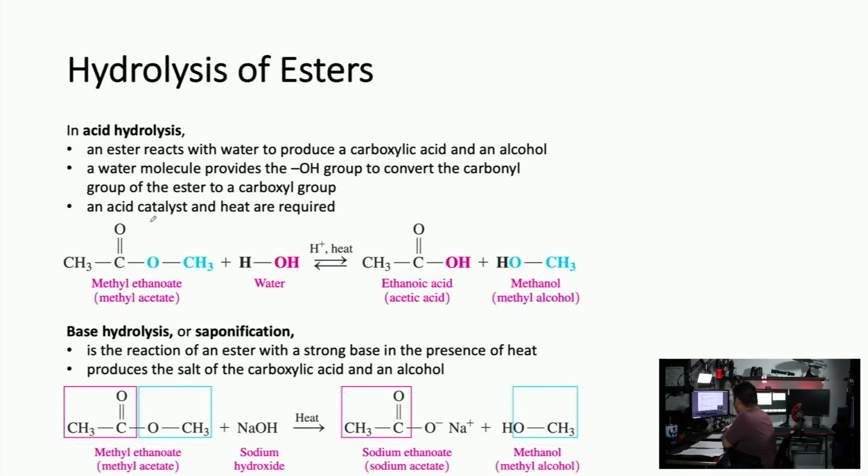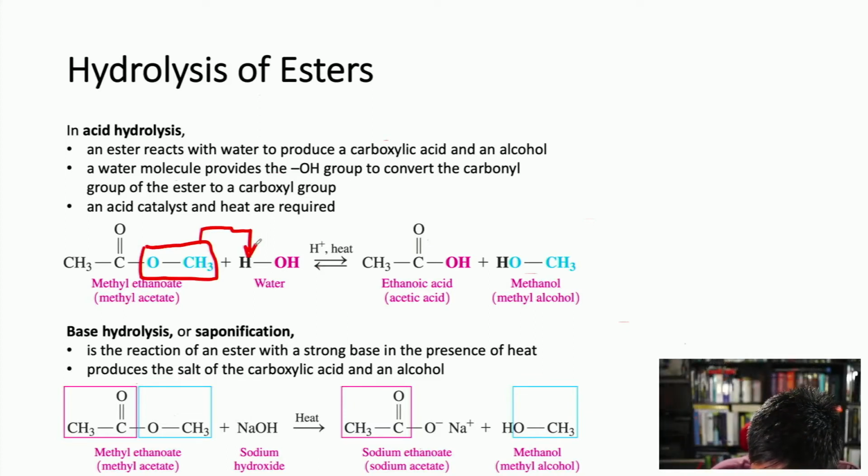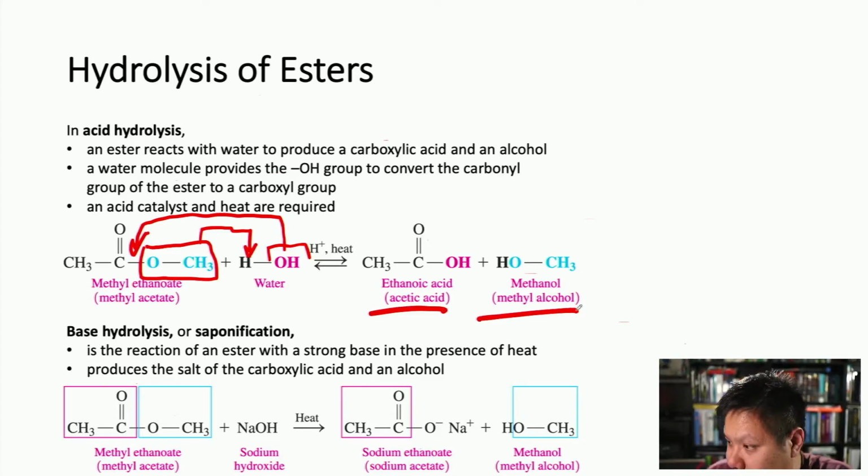So the OCH3 of the methyl ethanoate recombines with the H from the water that we used, and then the OH that was from the carboxylic acid that we used to make the methyl ethanoate goes back to combine with the carbonyl, and that's why we get ethanoic acid or acetic acid with methanol, right? With methanol.